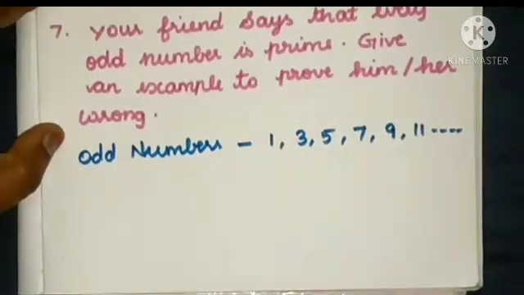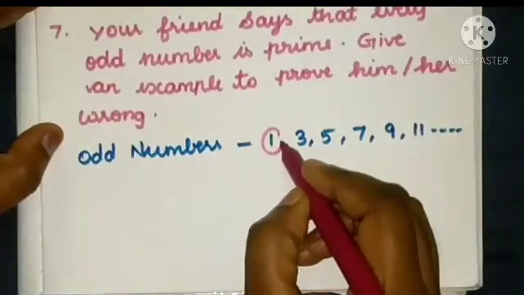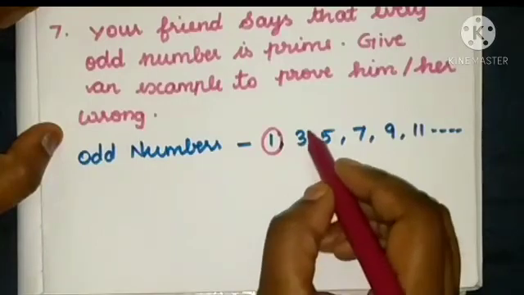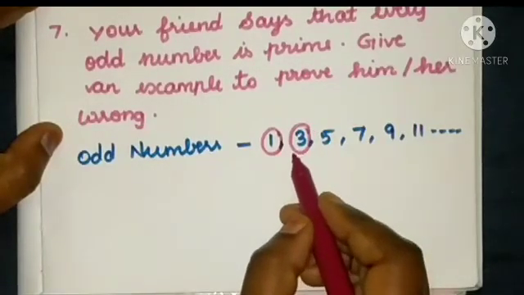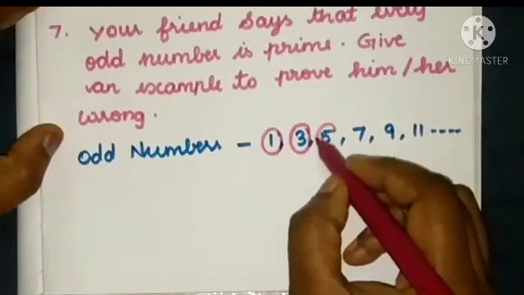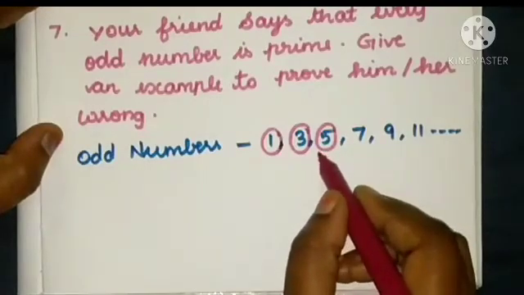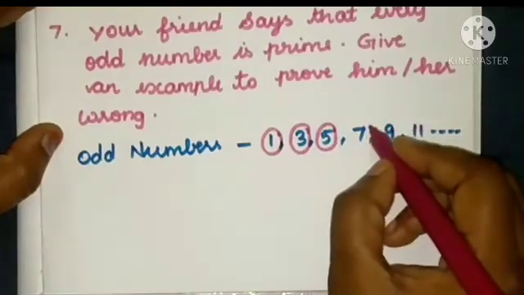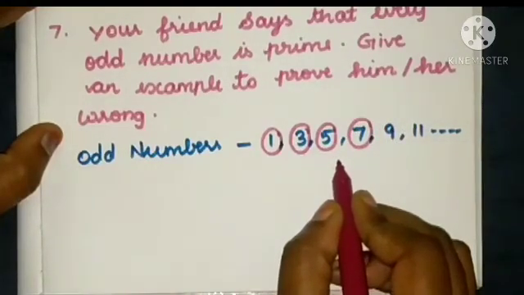See, here 1 is an odd number and it is also a prime number. 3 is an odd number and it is also a prime number because 1 and 3 are its only two factors, that is 1 and the number itself. 5 is an odd number and also a prime number because 5 has only two factors, 1 and 5. 7 is a prime number and also an odd number.